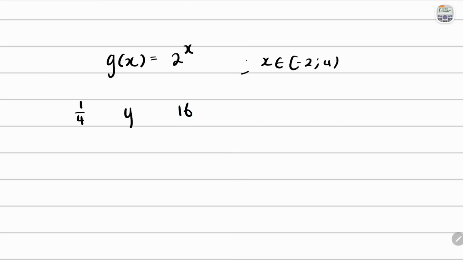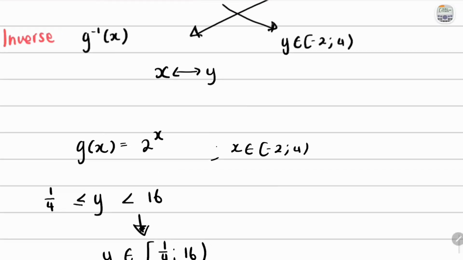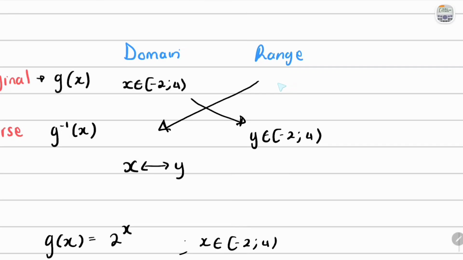So this means that your range is y is greater than or equal to 1 over 4. It has to be greater than or equal to since its corresponding x value was greater than or equal to as well, and then less than or equal to 16. You can also write this in interval form, meaning y is an element of 1 over 4 to 16, with 1 over 4 as an included y value.